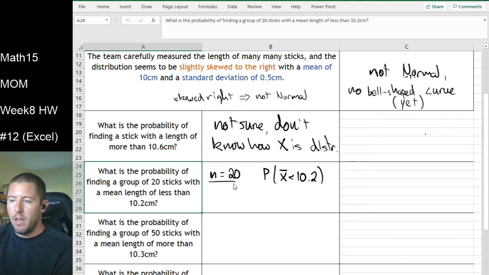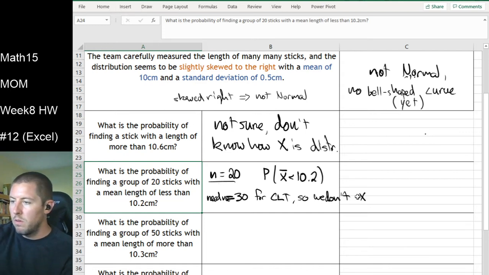But again, the point here is that n equals 20. We need n equals 30 for the central limit theorem. So we don't know x bar's distribution.